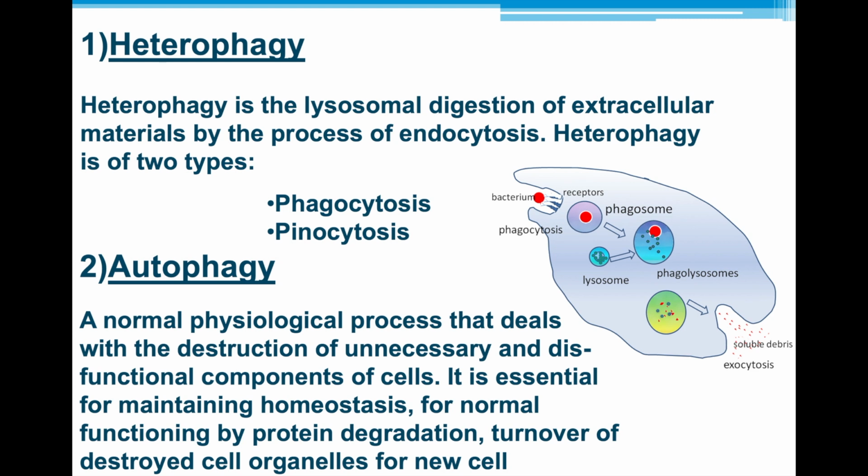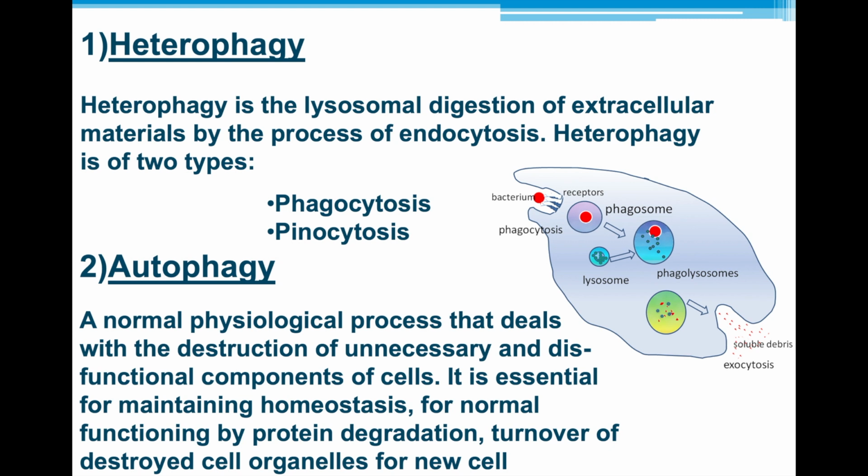Autophagy has great significance as during starvation, the lysosomes digest stored food contents such as fats and glycogen of the cytoplasm and supply the necessary amount of energy to the cell.